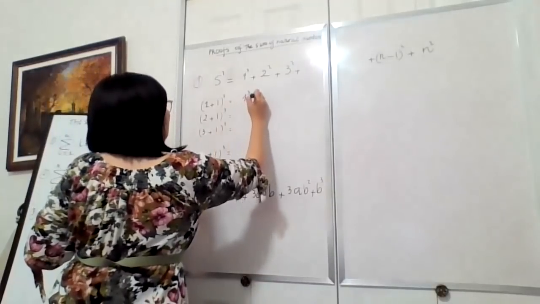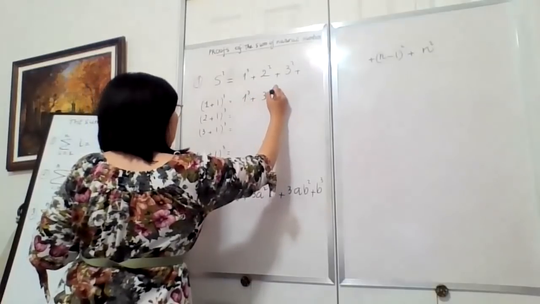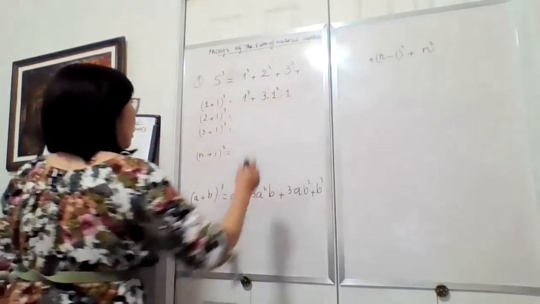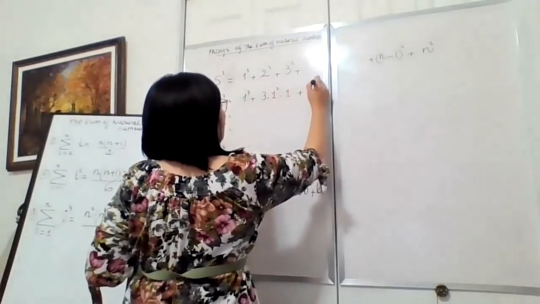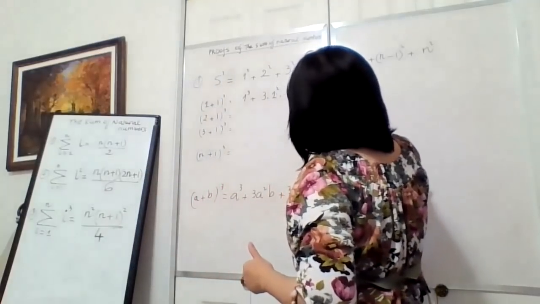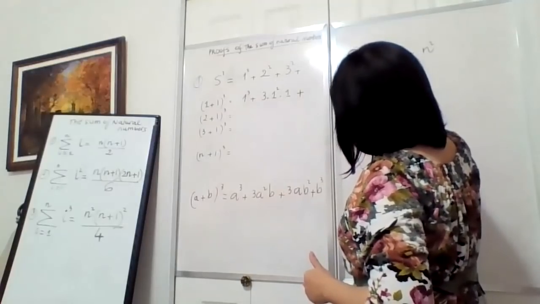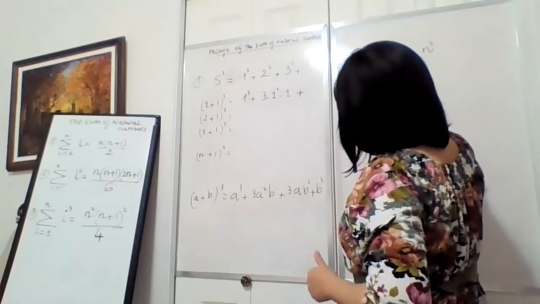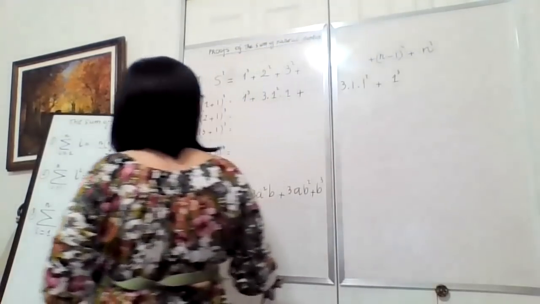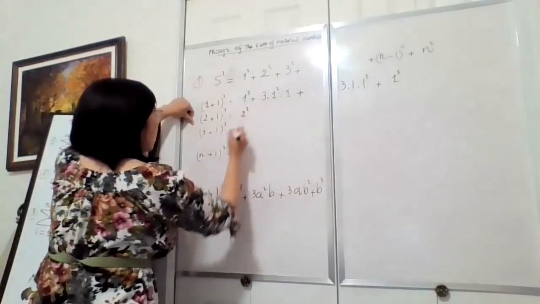So the first one is 1 to power 3, adding with the second one, 3 times 1 square times 1, and adding with 3 times 1 and 1 square, and the last term is 1 to power 3. So we follow exactly the formula here. You see that, right? Now the second one will be the same, except this term will be 2.